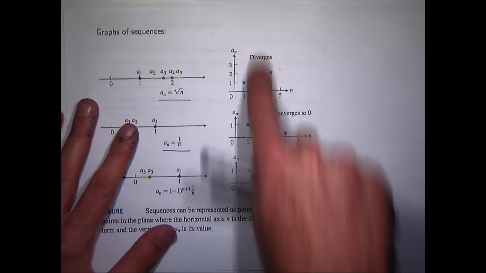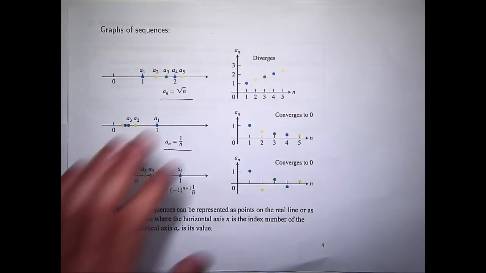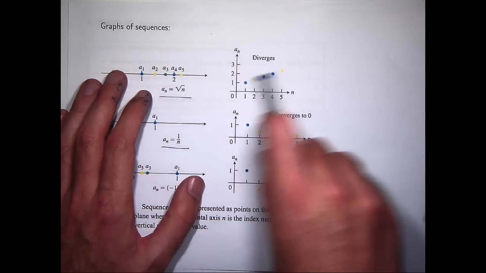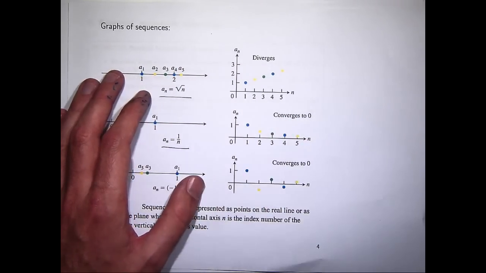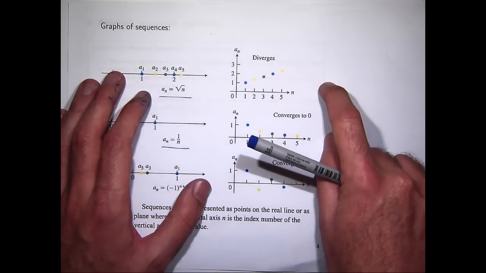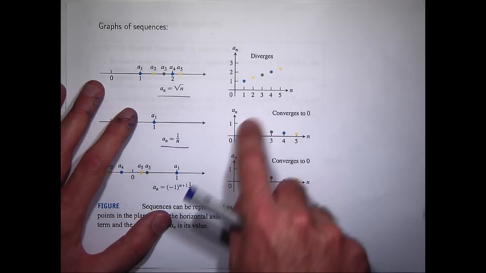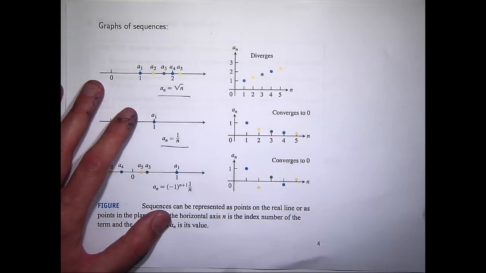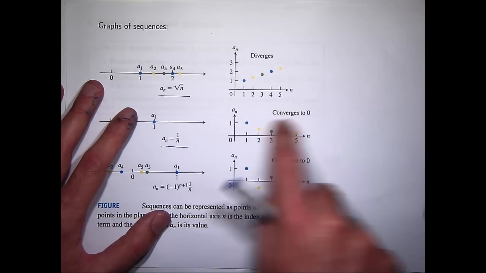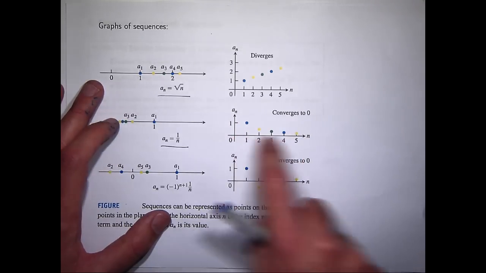So just look at these three basic pictures here. You can see for this particular sequence, the sequence looks like it's bounded below by positive 1. Okay? But the sequence wouldn't be bounded above. In this graph, the sequence is bounded above by positive 1 and below by 0.